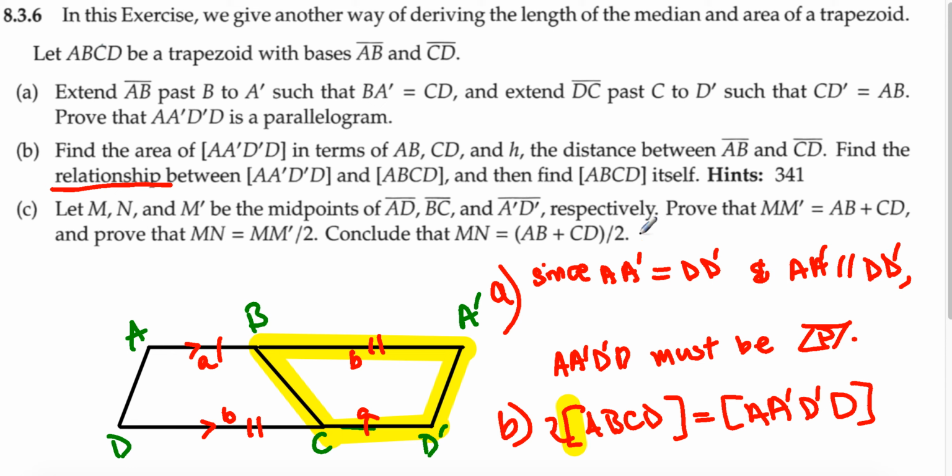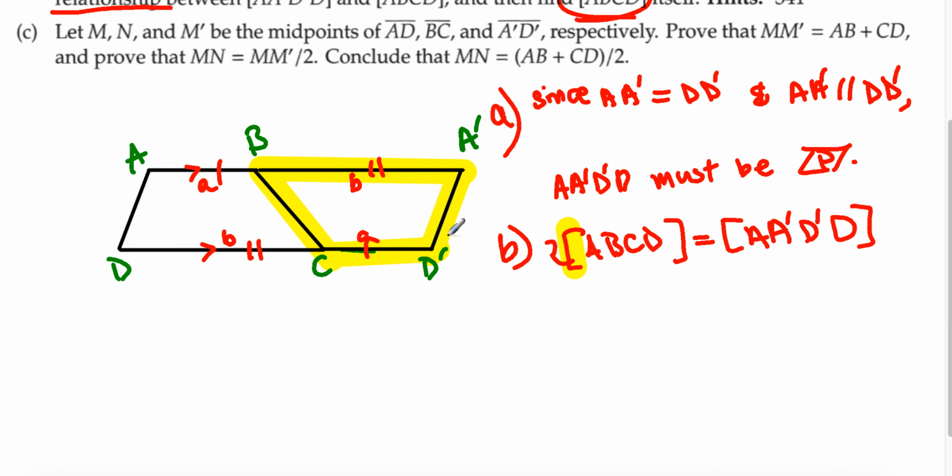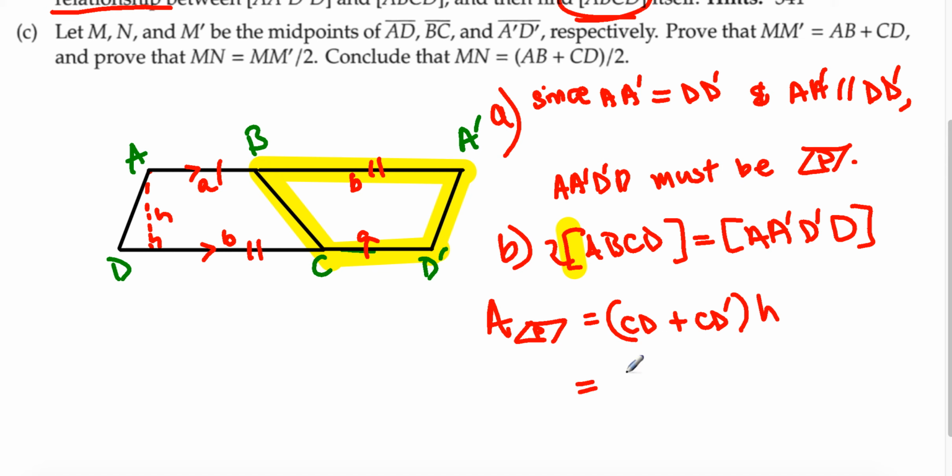And how do you find the area of ABCD? Since we mentioned that the area of the parallelogram is base times height, we realize that this is the height. Then the area of the parallelogram is equal to the base, which is CD plus CD prime, times the height, which is H. But what is CD prime?